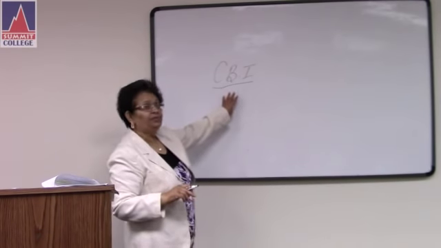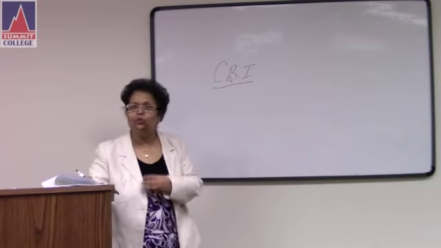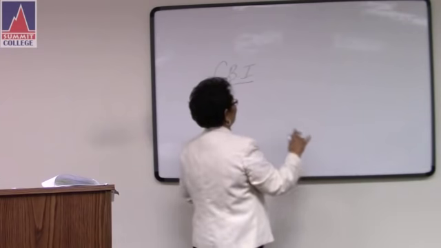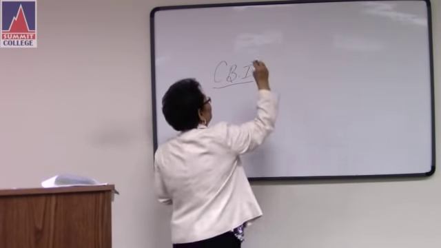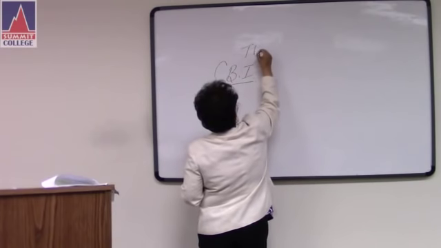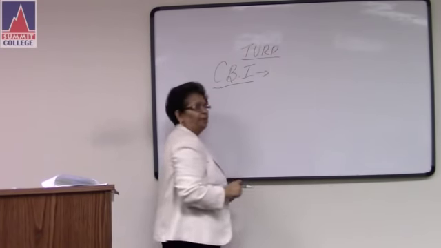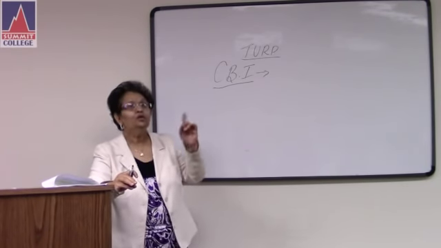So I will leave this word, but I want everyone to understand. If I read these 2 lines, you will not understand correctly. So let's see, what is CBI, continuous bladder irrigation? In your question it would be a patient with TURP, T-U-R-P. What is TURP? Removing the prostate gland through the urethra.